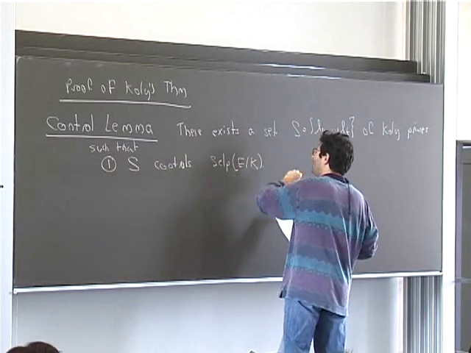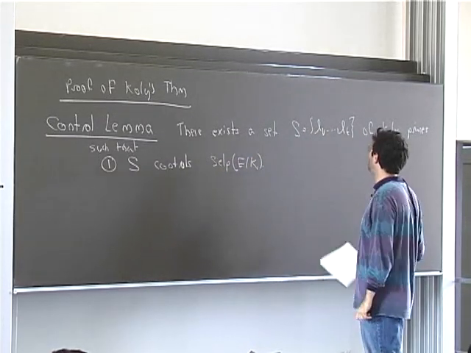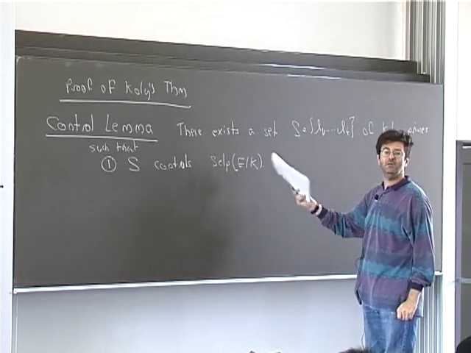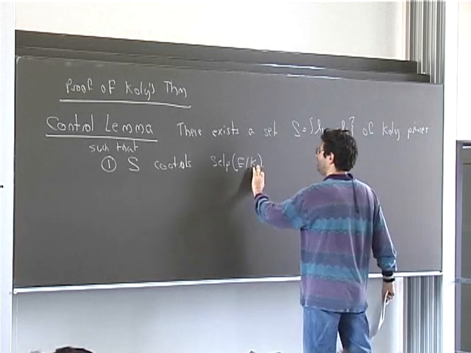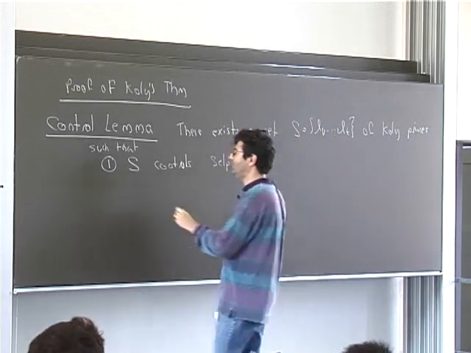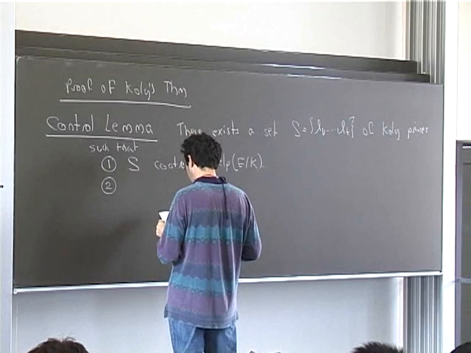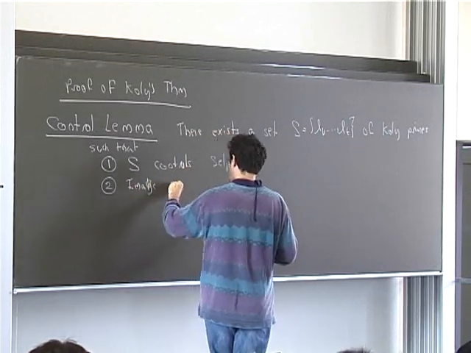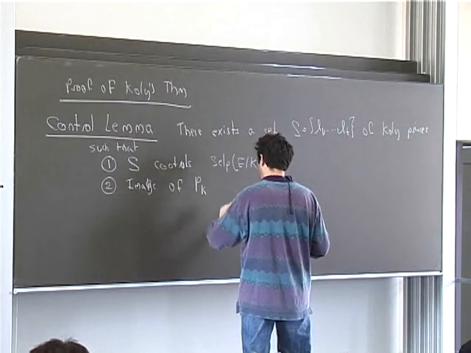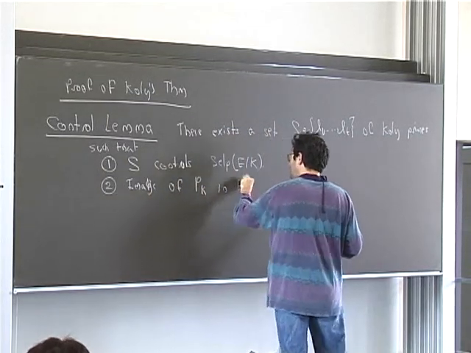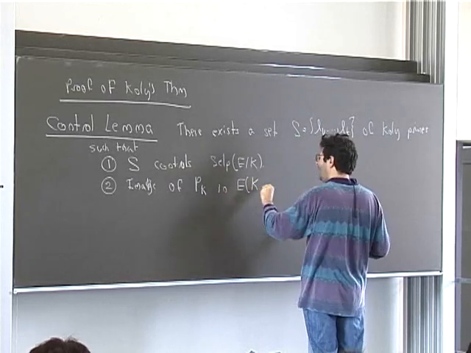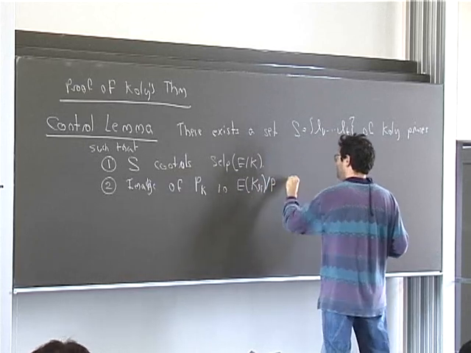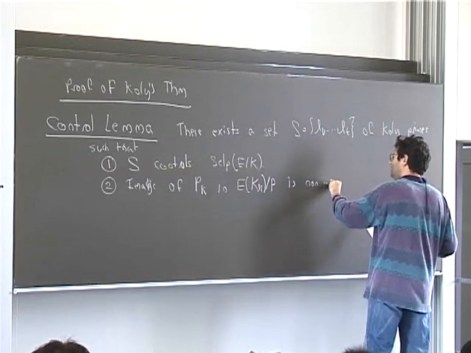So you can already see that a priori, we know this group is finite. So we're going to need to choose at least roughly as many primes as the rank of the Selmer group of E over K. Okay? So we can do that. And then the second property of this set S is that the image of the Heegner point, the basic Heegner point P_K, in E of K_{Li}, the completion at Li, modulo p, is non-zero.